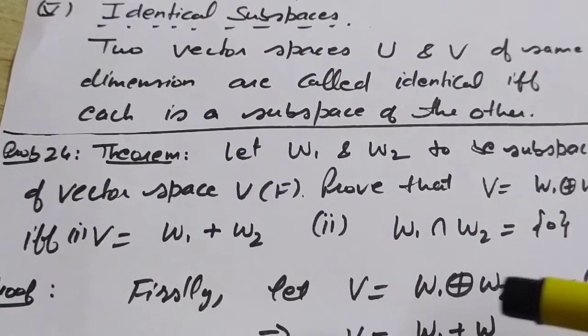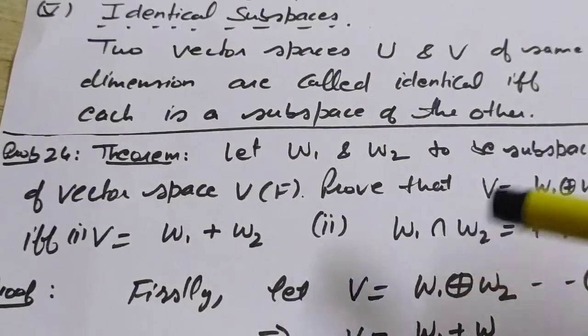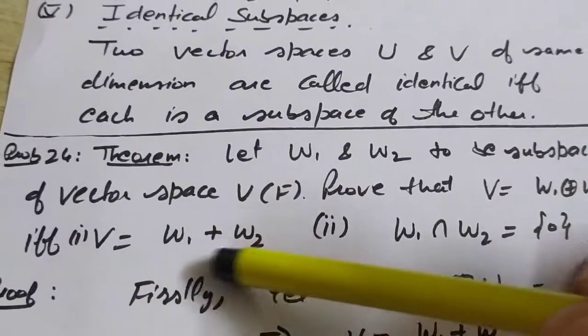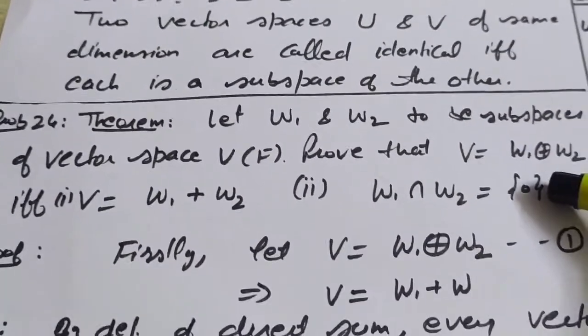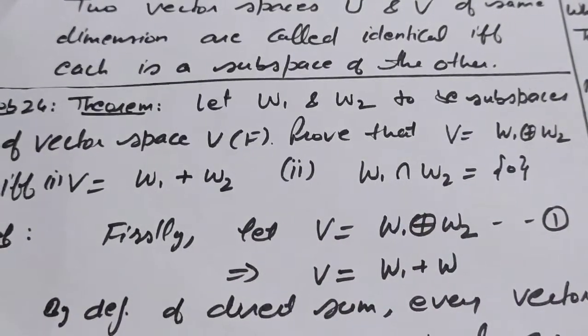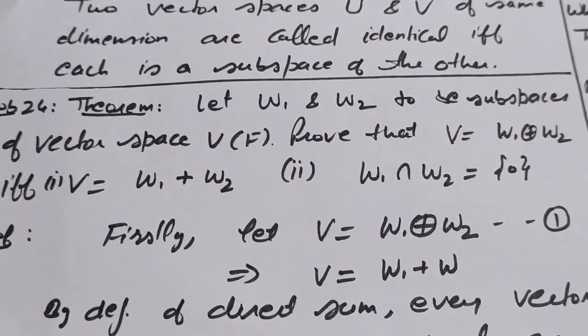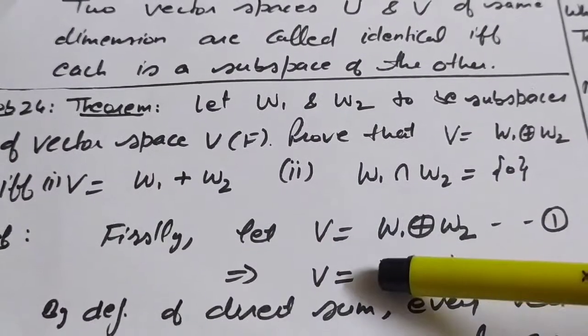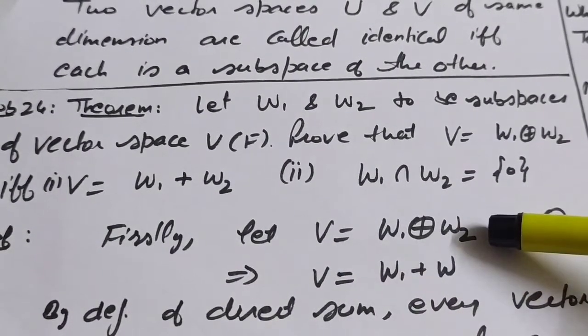Firstly, I will consider V as the direct sum of W1 and W2. Then I will prove these two things. Before proving this theorem, you must be very clear about the definitions of all these things. So first I suppose that V is the direct sum of W1 and W2.